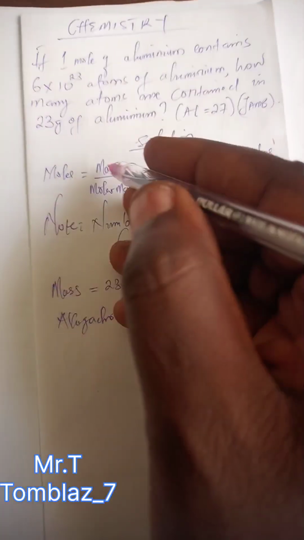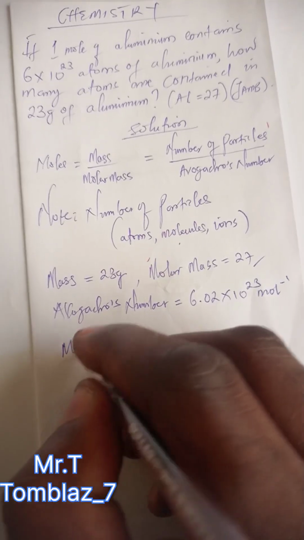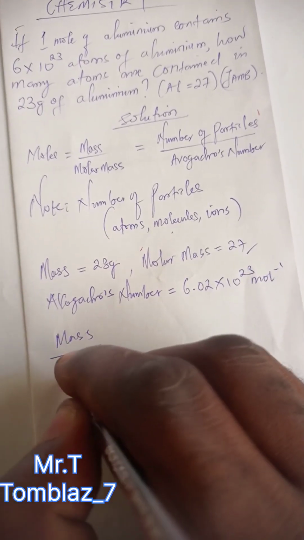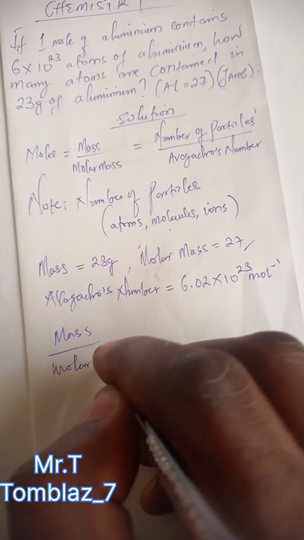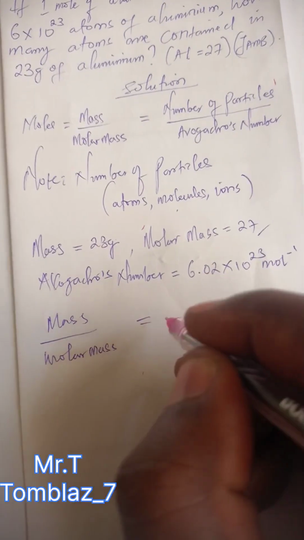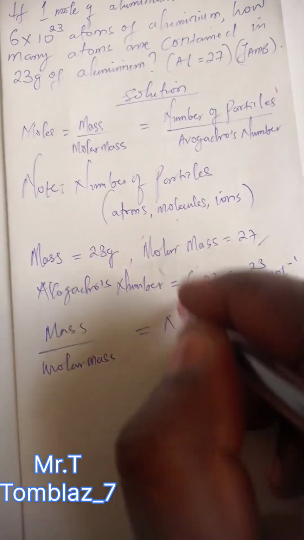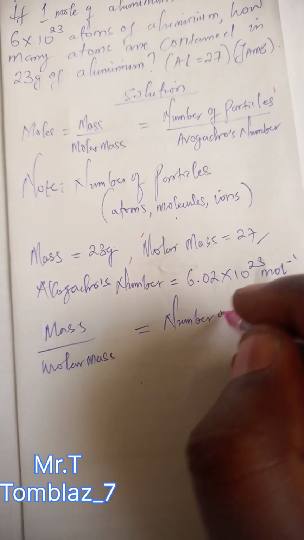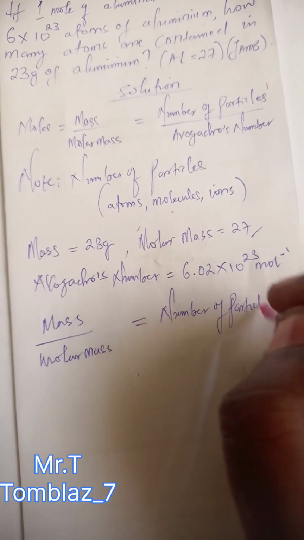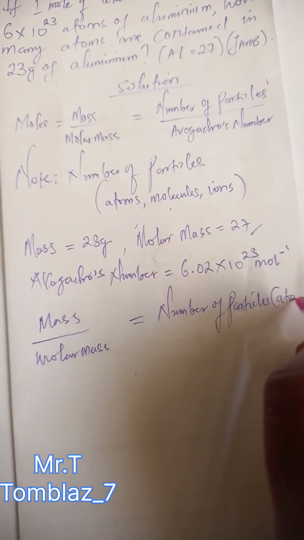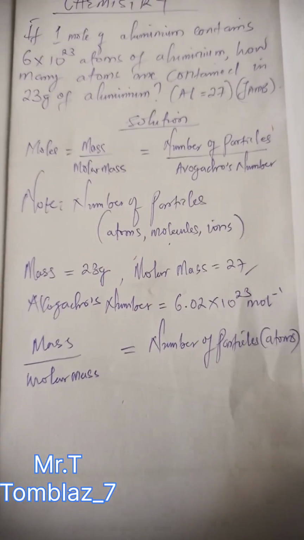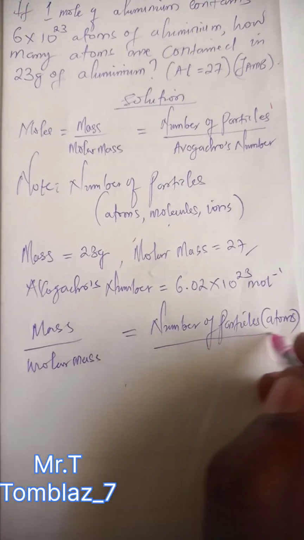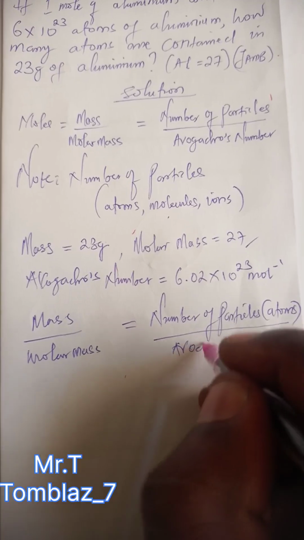So let's substitute it into this equation. So we'll be having mass divided by molar mass is equal to number of particles. Now we are looking for number of particles, but in this case is what? Atoms, right? In this case we are looking for atoms, divided by the Avogadro number.